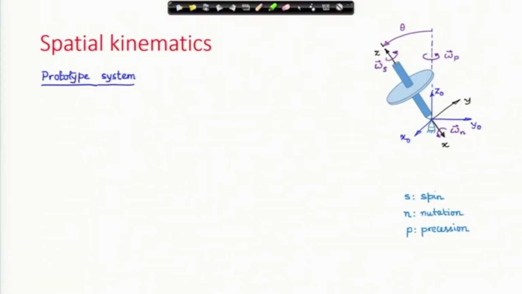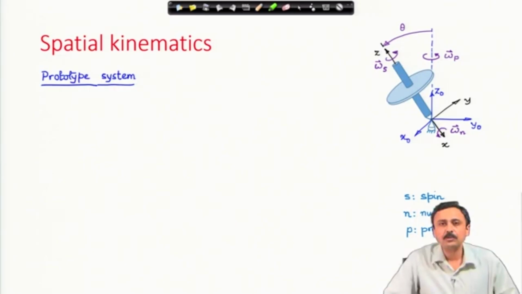We are going to start with this prototype problem of rotation of a symmetric body about a fixed point. The parallel plane motion we will discuss a little later. Here I have shown in the figure an axisymmetric body rotating with this point at the origin of the x naught, y naught, z naught frame.